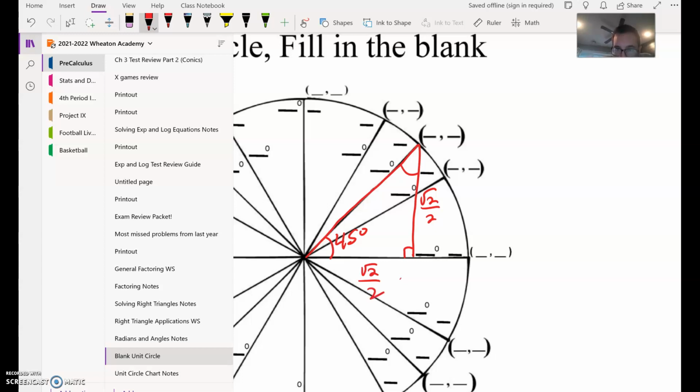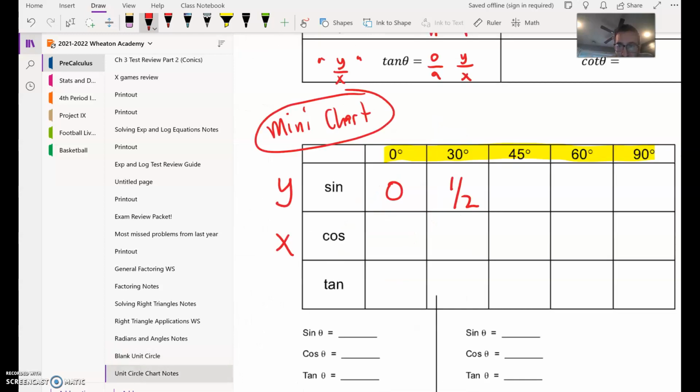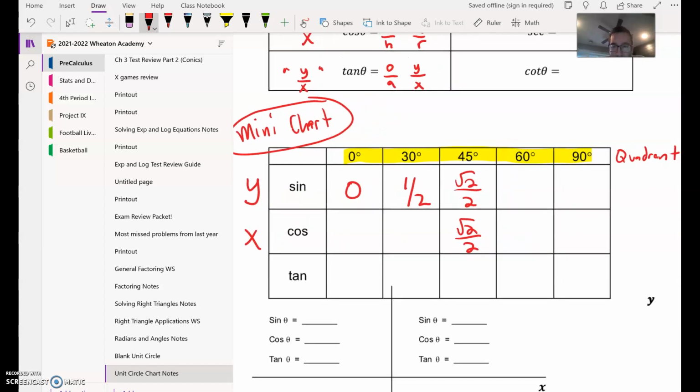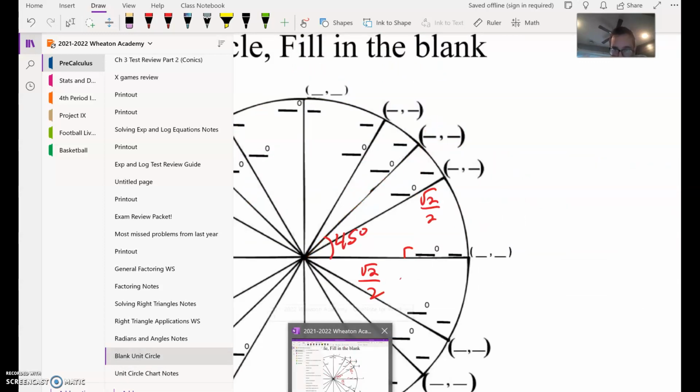So that's our x coordinate and our y coordinate. Square root of 2 over 2. So the sine of 45 is the square root of 2 over 2, and the cosine of 45 is the square root of 2 over 2. Both the x and the y are the same on that one. Okay? Sine of 60. Well, sine of 60 would be this. Here's a 60-degree triangle.